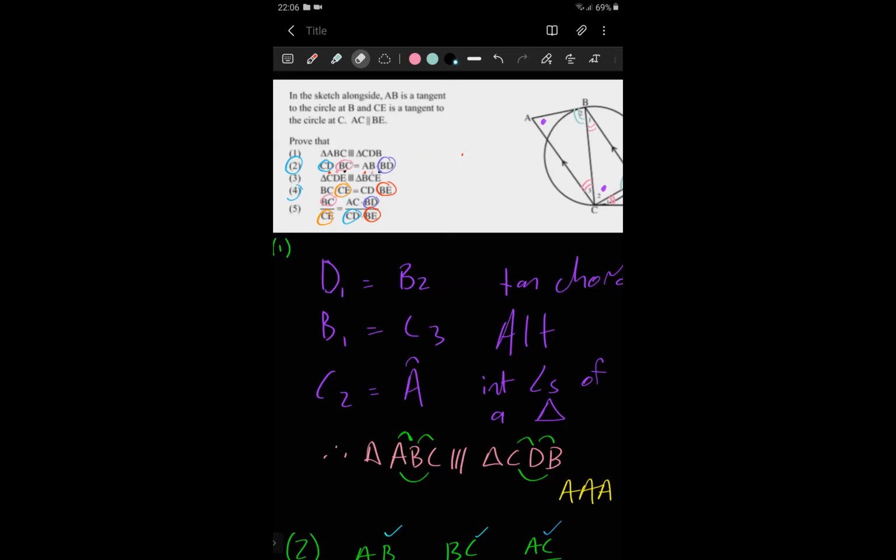So in the first one, you're gonna isolate BC here. You're gonna have BC equal to AB dot CD over CD. In the other one, if you isolate CE, you're gonna have CD dot BE, the whole thing over BC, like that.